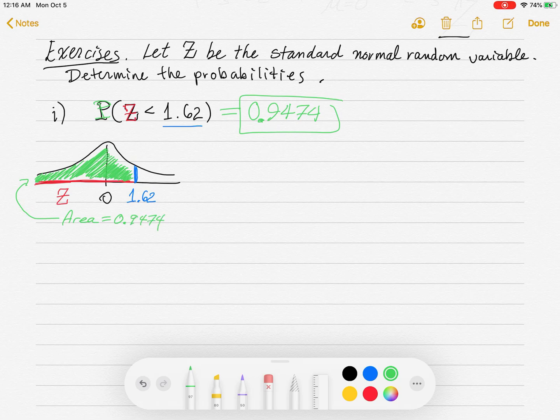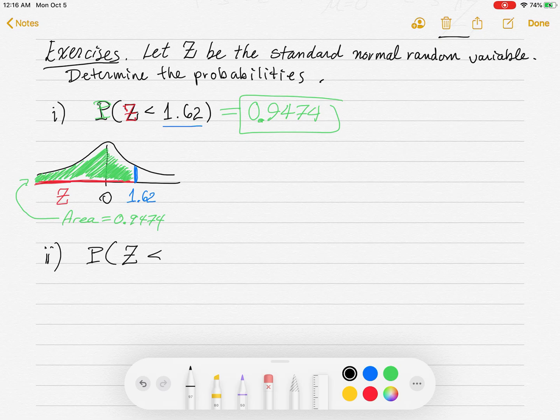The area is 0.9474. That means you have a 94.74% chance of getting a random z-score smaller than 1.62.